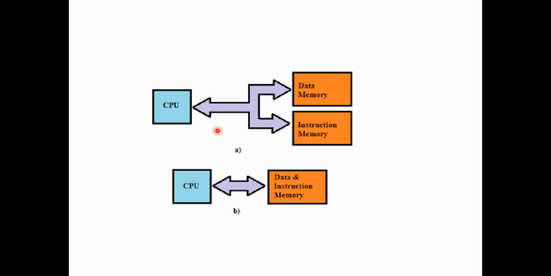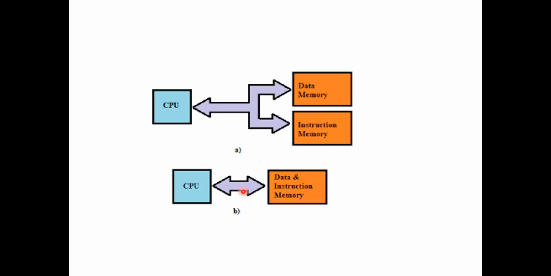This diagram B shows the Von Neumann architecture and diagram A represents the Harvard architecture. In a Harvard architecture, we have separate memory for data and separate memory for instructions. But in the Von Neumann architecture, a single memory can store both our data and instructions.